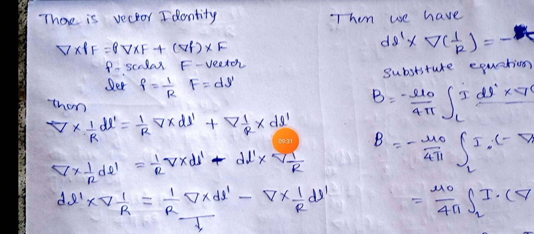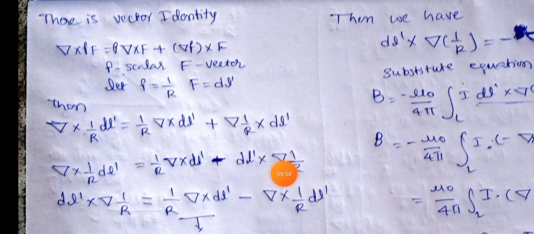Now we want dl dash cross del of 1 by r. It is just like a cross b: if you write it as b cross a, it will become minus a cross b. Okay, the whole thing is written like this.